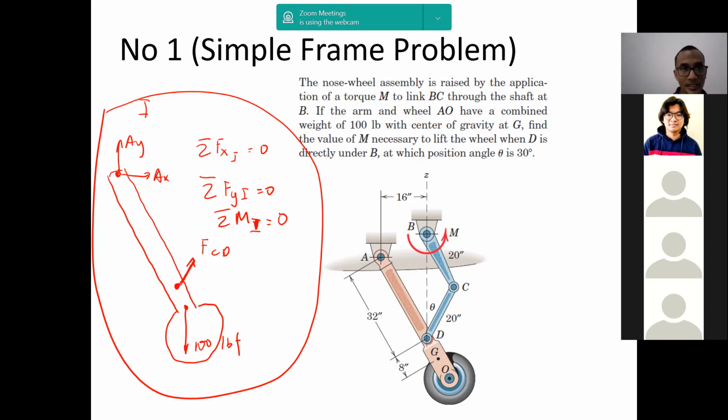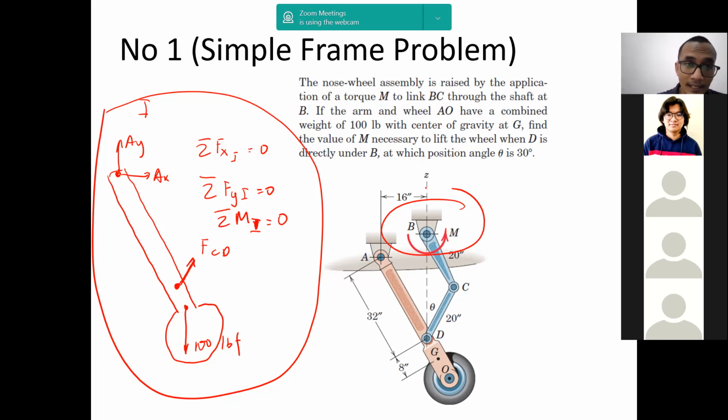We have three equations: sigma Fx, sigma Fy, and sigma moment. But the one in question is just the moment, right, Randy? Do we have to solve for Ax and Ay? I think for the moment we get FCD, so we don't need to find Ax and Ay.